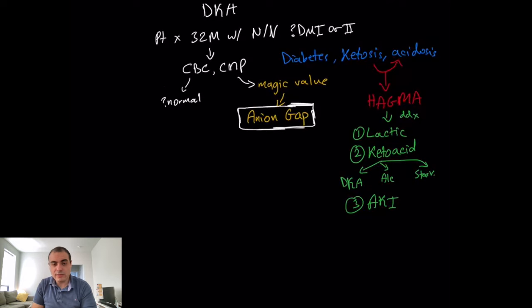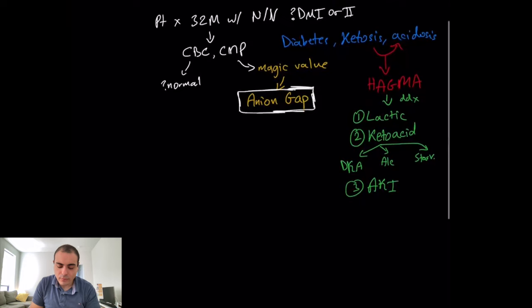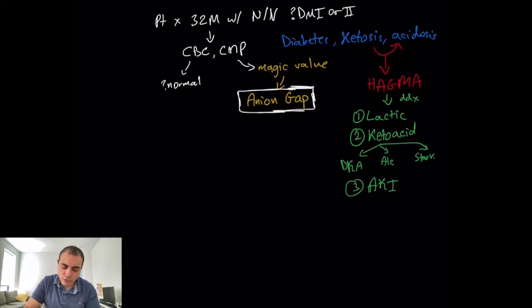You're not treating the acidosis. The extra test you will do for this patient is an ABG. So whenever you suspect maybe DKA, you'll do the CBC, CMP, and ABG.